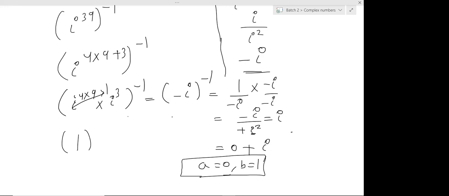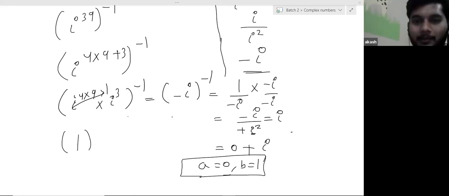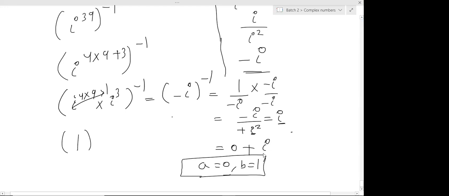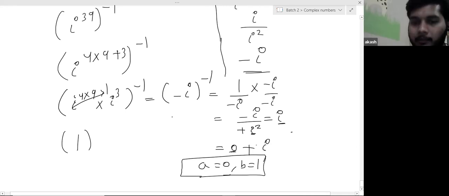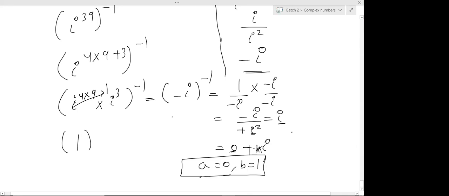Please check how. A is equal to 0 and B is equal to 1, because it is just I, right? I can add a 0 to it. So the real number becomes 0 and B becomes 1, because this is 1 into I, right? Yes, sir. Clear?